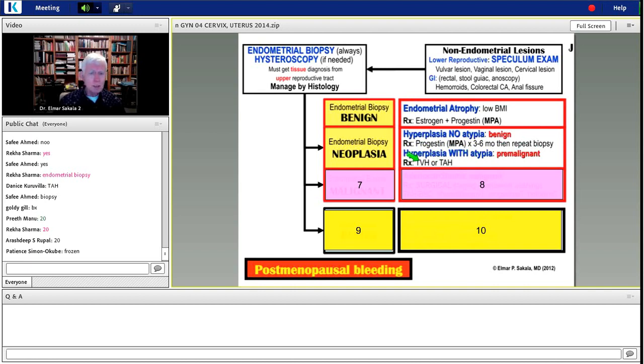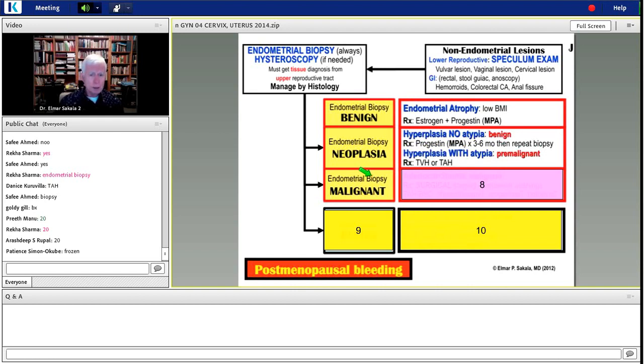So now we need to do a hysterectomy. It could be a TVH, a total vaginal hysterectomy. It could be a total abdominal hysterectomy, but we can't just wait. Now, it doesn't have to be a staging surgery because it's not cancer yet. Endometrial neoplasia.